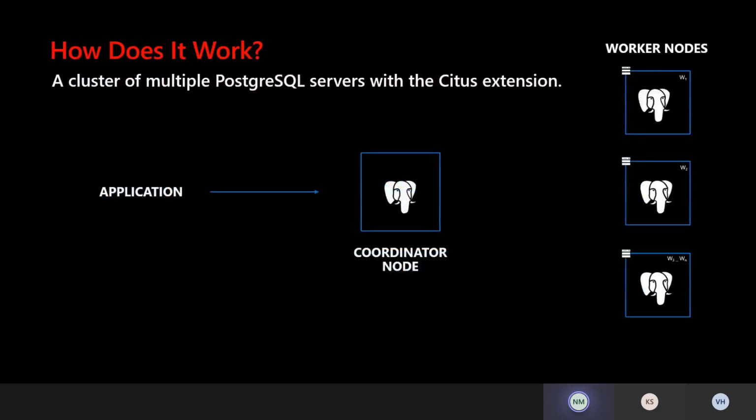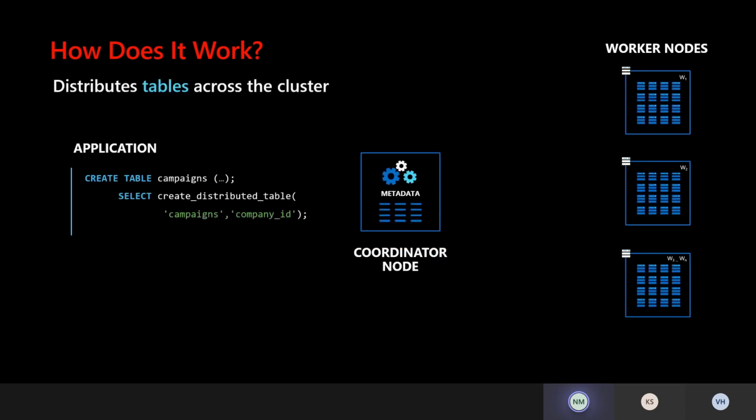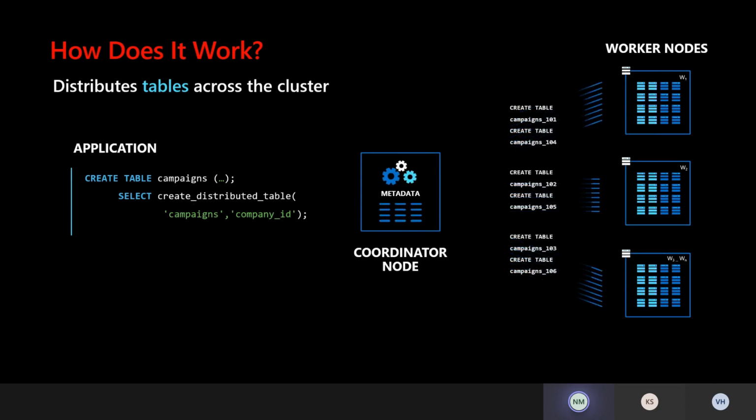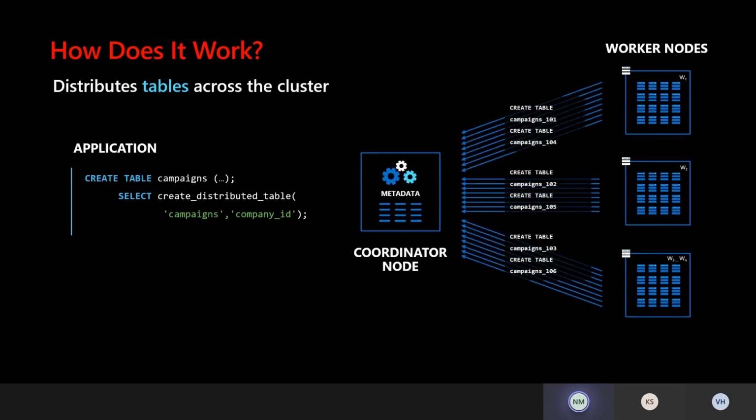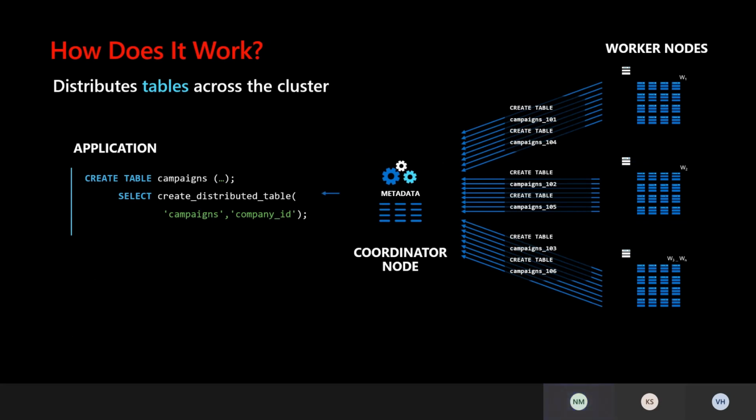So how does it really work? Like I said, your application talks to just one node, which is the coordinator node. When you create a table, you would say this is the column, or the key, which is going to be used to shard this table. So you would say create table, and then you would execute a stored procedure called create_distributed_table, wherein you would supply the table name and the column name as the parameters.